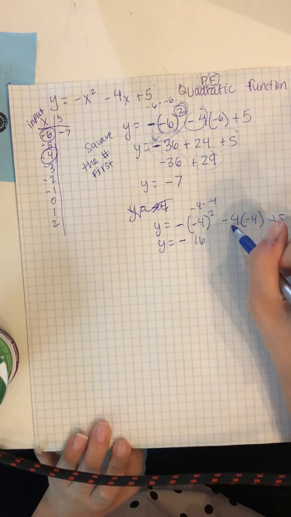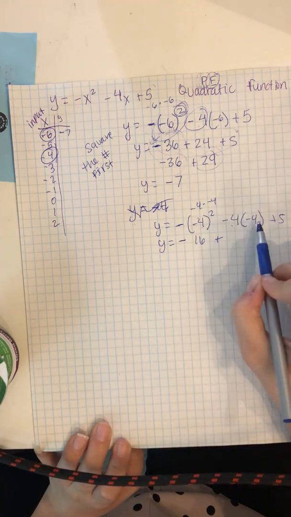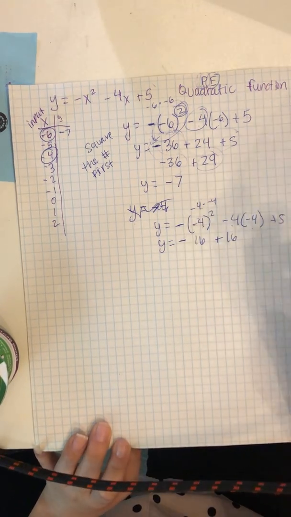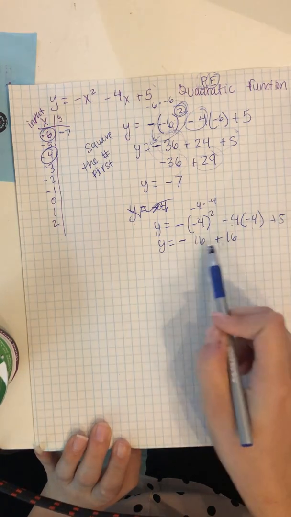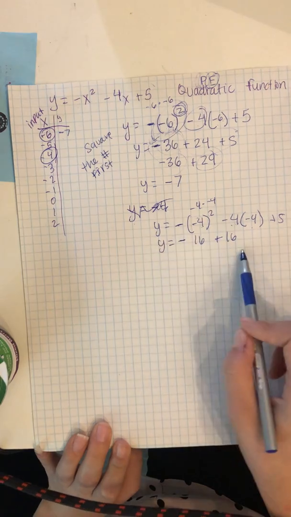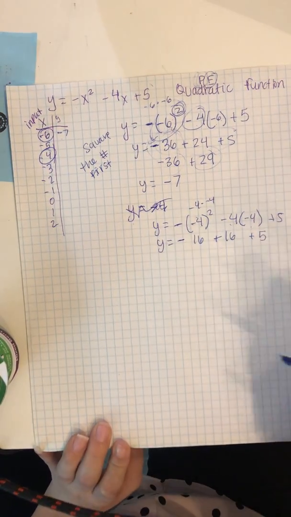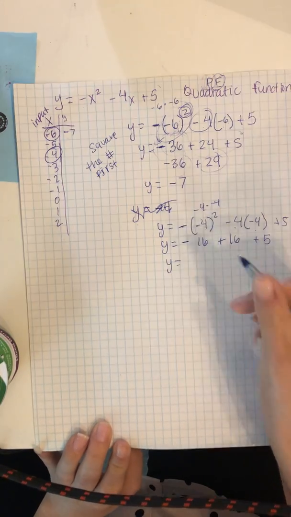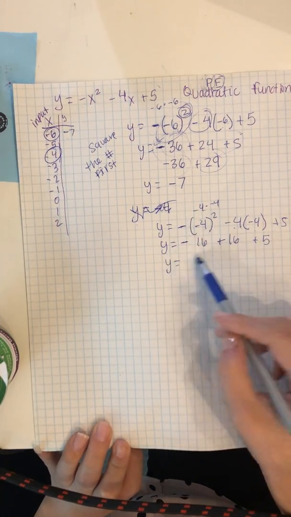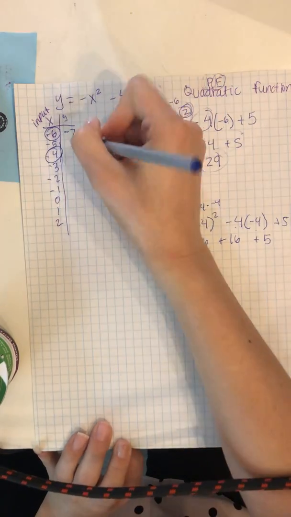Now we have negative times a negative, that's a positive. And then it's 4 times 4, which is 16. Okay, so I'm already seeing this is a -16 and this is a positive 16, so those are gonna cancel out. But I'm just gonna rewrite the +5. So now that I know 16, -16, that equals 0, so my y value is 5.